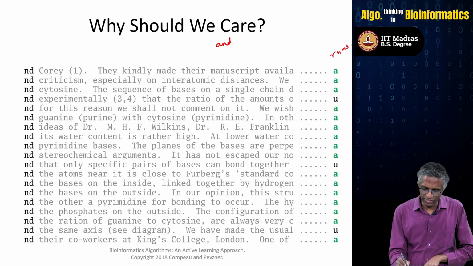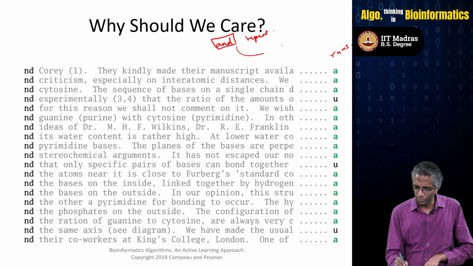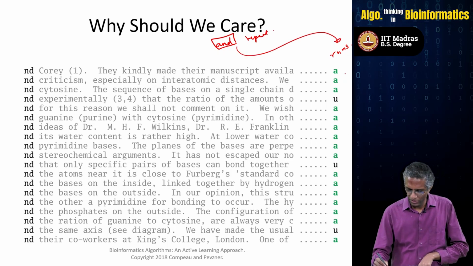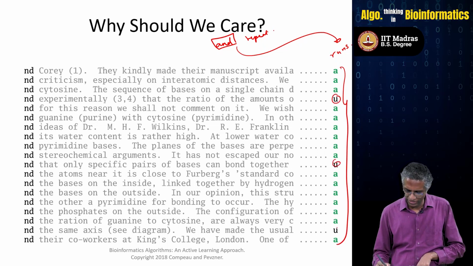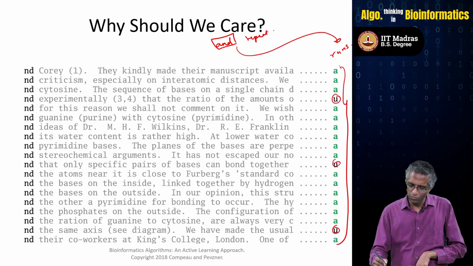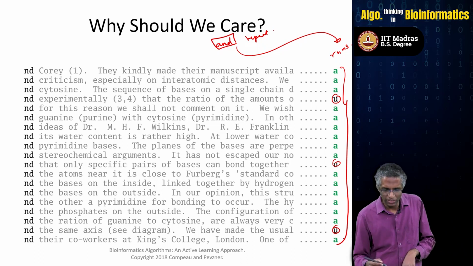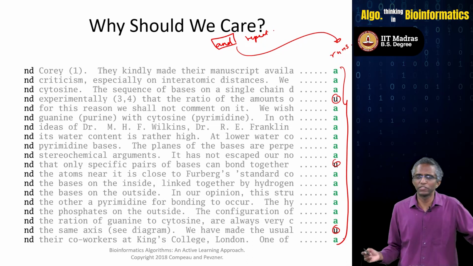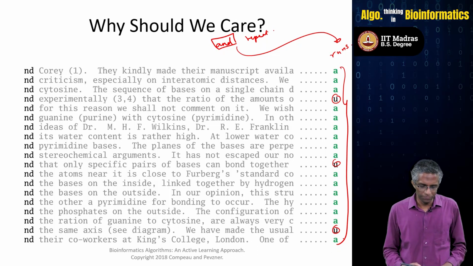And 'and' is the one that has been repeating in this document. It has been converted into runs of A's here. And there are some things like U which are occurring here, but more or less all of these 'and's which are occurring in different parts of the document have been grouped together, right?